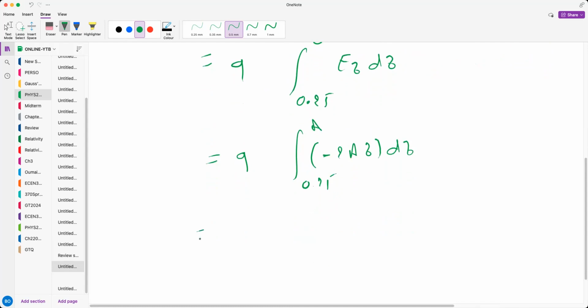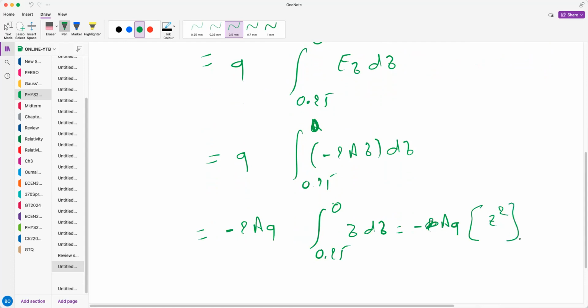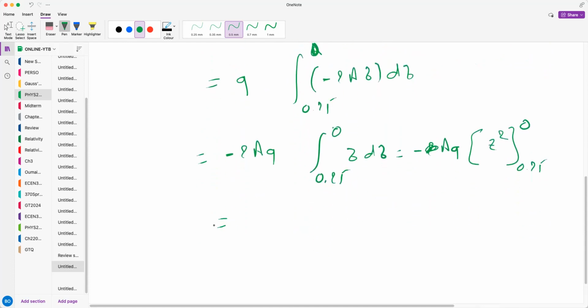I can do it: minus 2AQ times the integral from 0.25 to 0 of z dz, which will give me minus 2AQ times z squared over 2, from 0.25 to 0. This will give me AQ times 0.25 squared.